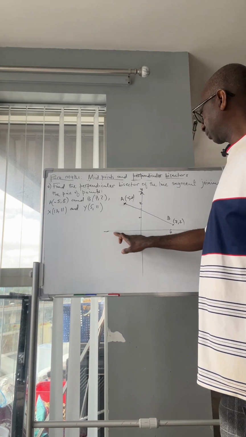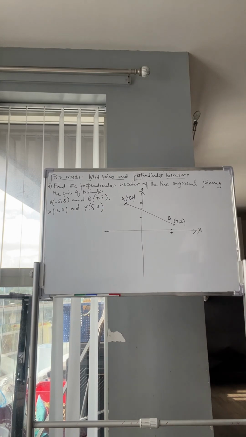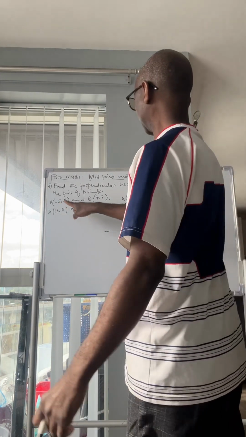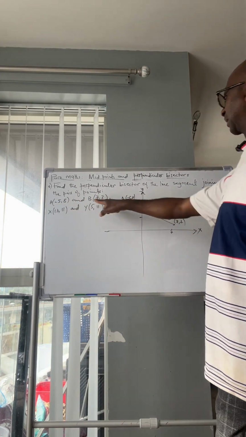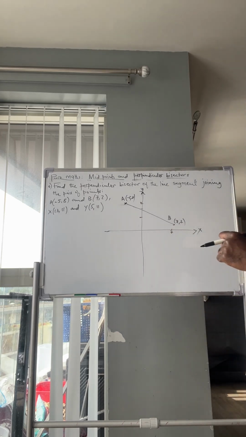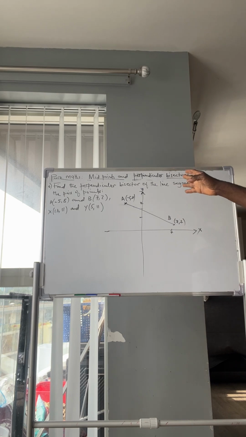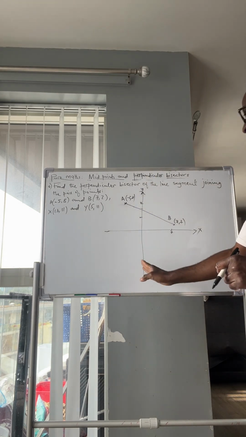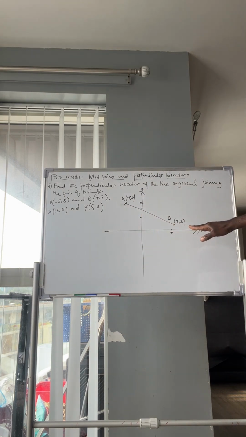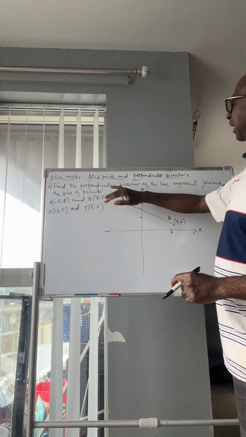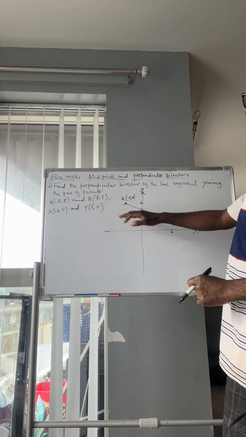So that is the point, A(-5,8) and B(7,2). We want to find the line that bisects this line segment, and that line should be perpendicular to this line segment.